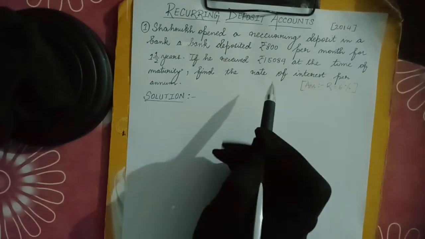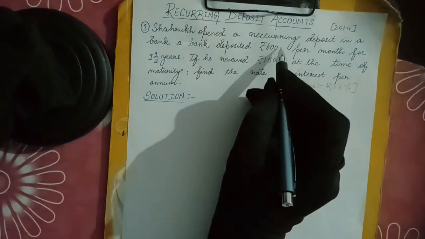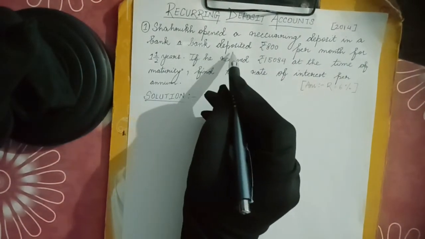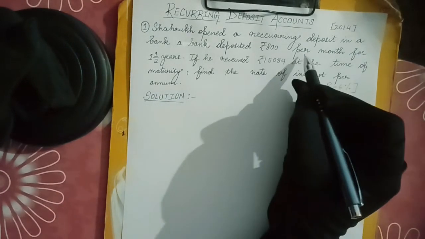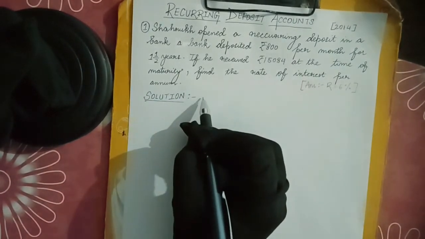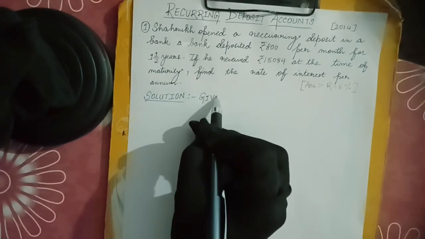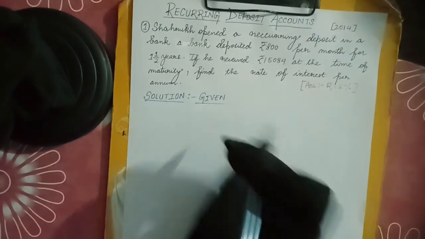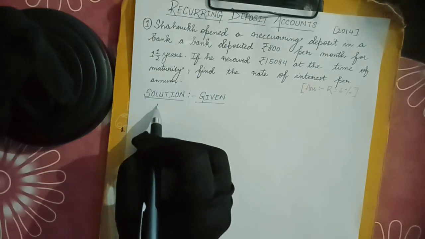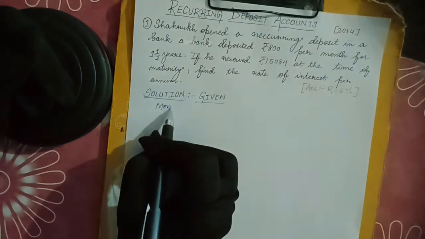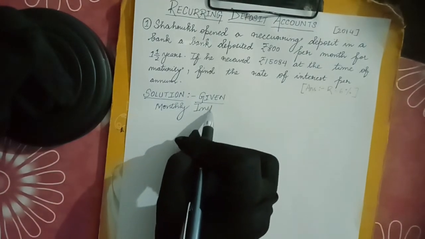So here, first of all, the first thing we have been given in the question is rupees 800 that has been deposited. So that is the monthly installment because it has been given per month. So given is monthly installment.